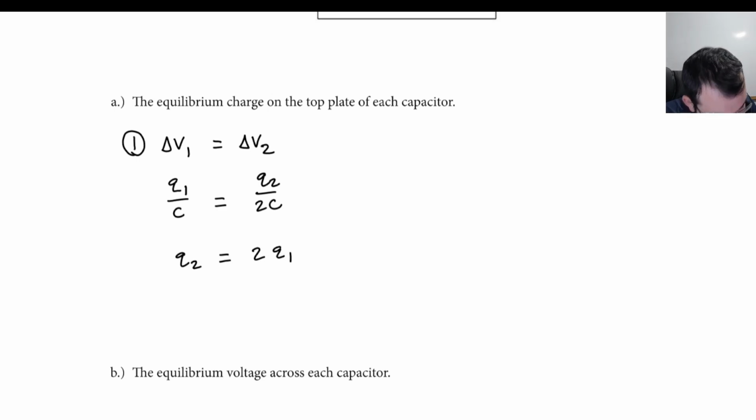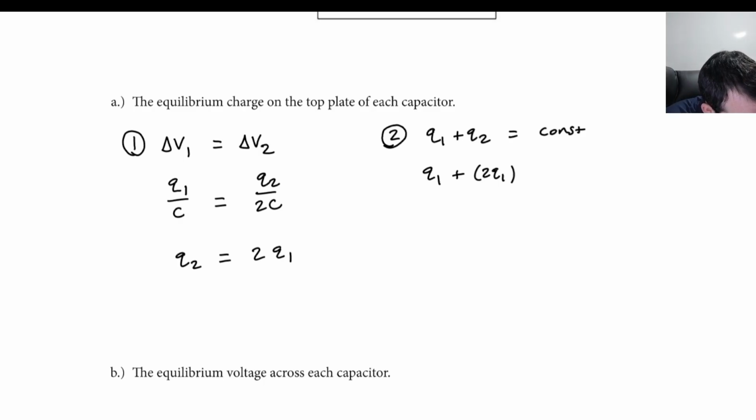So that's definitely expected, because twice the capacitance, it should hold twice the charge to get the same potential difference. Then, same idea here. We know that Q1 plus Q2 is always a constant. And more specifically, we said that Q2 is 2Q1.